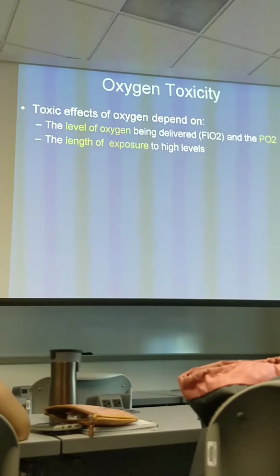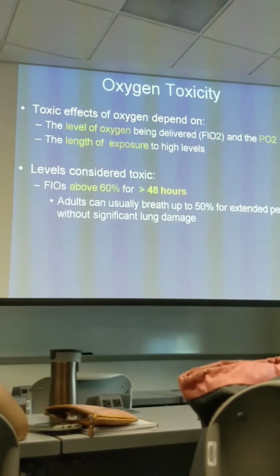If you are having to give somebody greater than 60% oxygen for longer than 48 hours, they are at risk for oxygen toxicity. I think there are some blanks on your slides. Greater than 60% for how long? 48 hours. Okay, fill that in. So above 60% for greater than 48 hours.